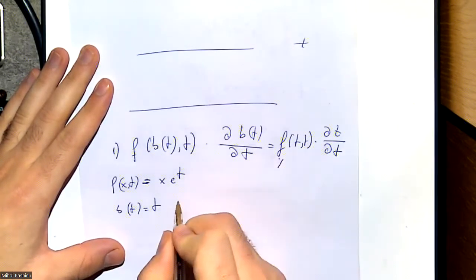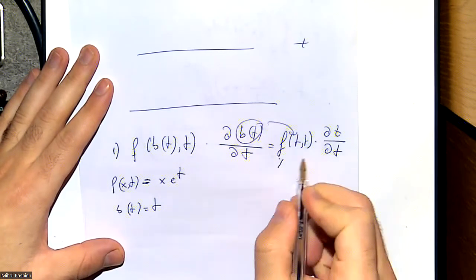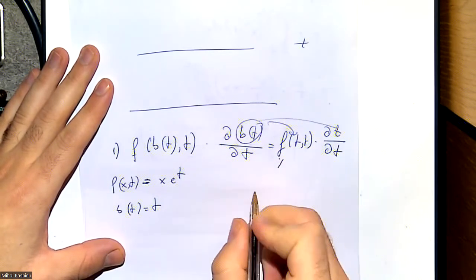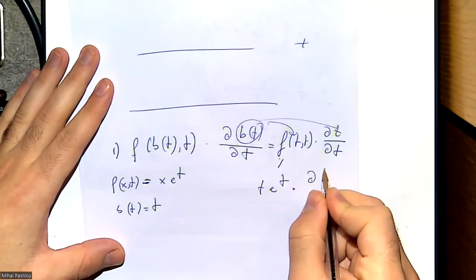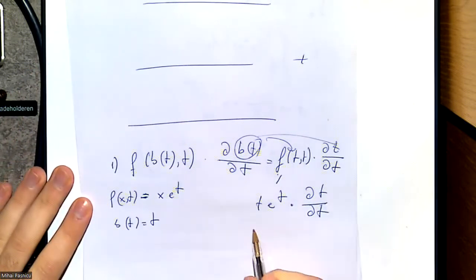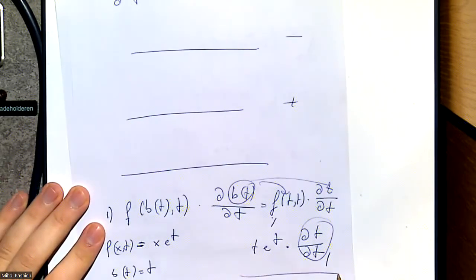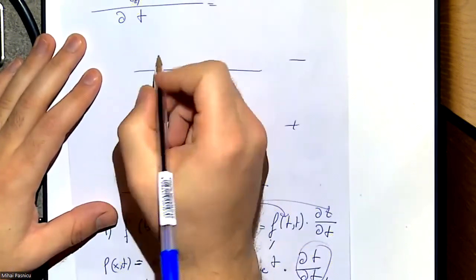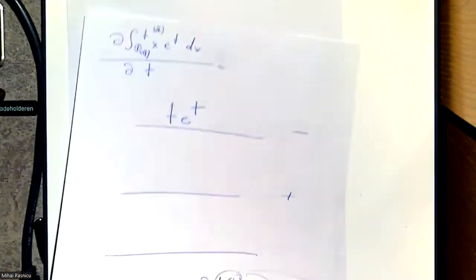This thing is just going to be b(t) replaces t. And this is just going to be t e^t times the derivative of t with respect to t. And again, this is the derivative, and this is just 1. So my first term is just t e to the power of t. Now, I keep this paper because I'm going to use it.